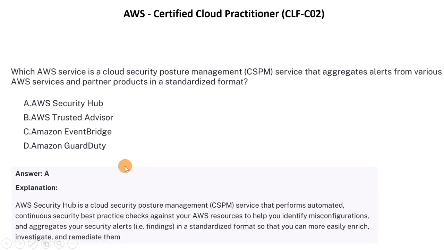The correct answer is option A. AWS Security Hub is a cloud security posture management service that performs automated continuous security best practice checks against your AWS resources to help you identify misconfigurations and aggregates your security alerts, that is findings, in a standardized format so that you can more easily enrich, investigate and remediate them.